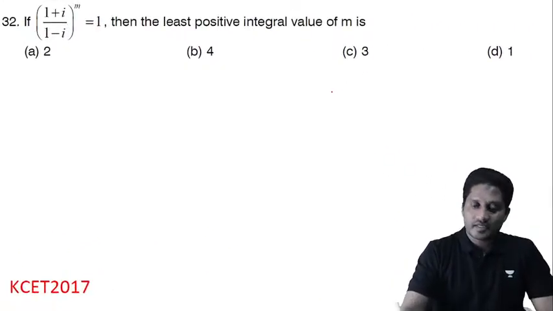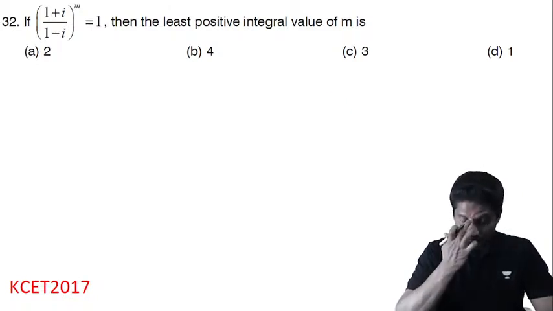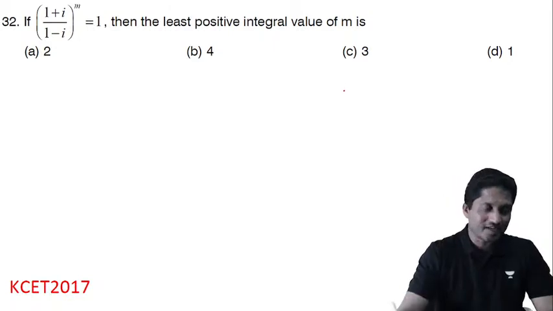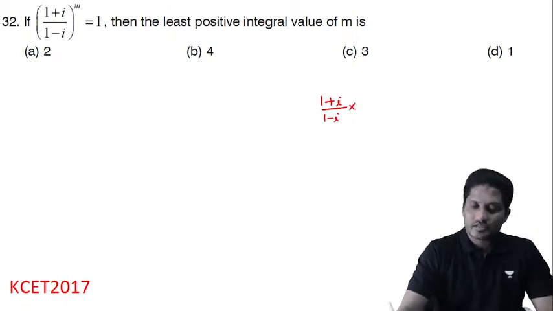1 plus i upon 1 minus i. If I multiply and divide by its conjugate, 1 plus i divided by 1 plus i, this is 1 plus i the whole square.